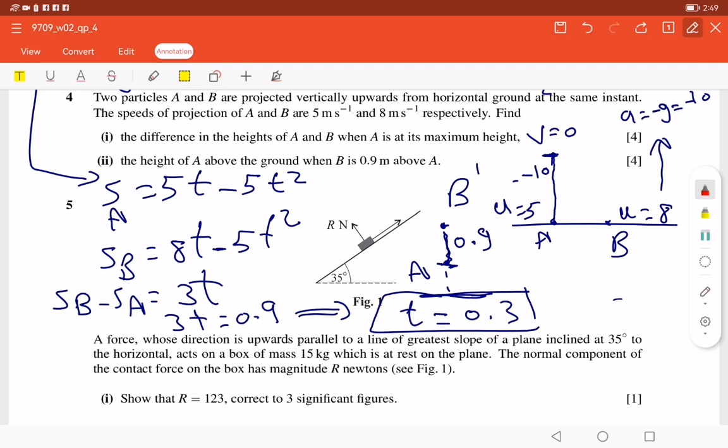A force whose direction is upward, parallel to the line of greatest slope of a plane inclined at 35 degrees to the horizontal, acts on a box of mass 15 kilograms, which is at rest on the plane. The normal component of the contact force on the box has magnitude R in this figure.